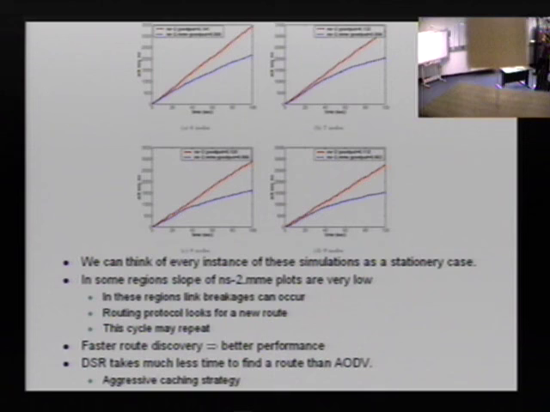So when there's a link breakage, the routing protocol has to look for a new route, and then it will possibly find the same route again, and then it might again see that link breakage. This cycle may repeat. So what's important is if you have faster route discovery, you perform better, which is the reason DSR performs much better than AODV, because of DSR's aggressive caching strategy.